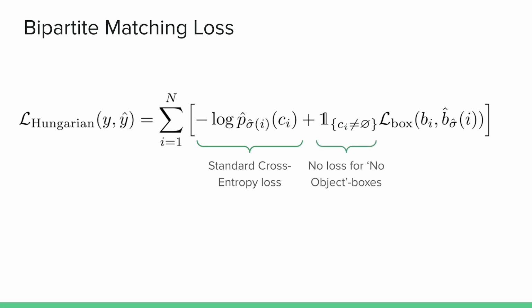And the second part is the loss for the bounding box, with an additional toggle where we say that if an object is of the type no object, because we padded our set, then we don't want to generate any loss. So we have this additional multiplier here that disables the loss computation for all those boxes.